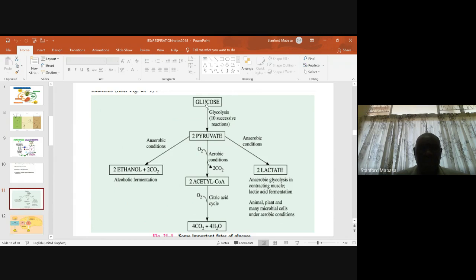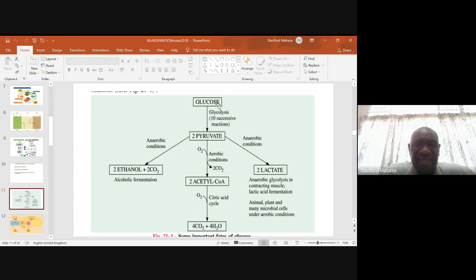Now, if we begin with glucose, it undergoes glycolysis using 10 successive reactions to form pyruvate.